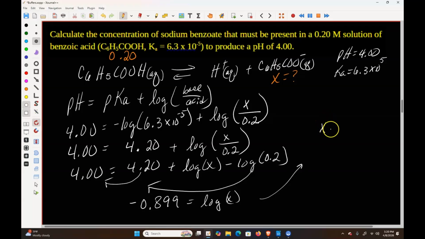So x is going to equal 10 raised to the negative 0.899. So x is going to equal 0.126 molar. And let's go ahead and just round that to 0.13 molar. All right, so that'll be the concentration of the sodium benzoate that I would need.